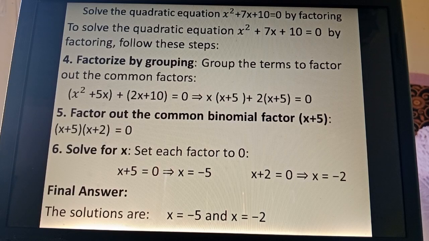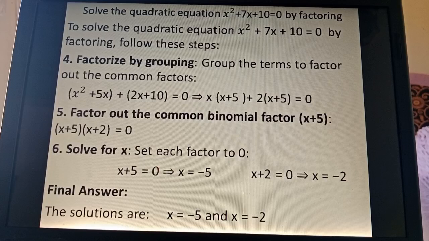You discover that you get a common factor after factorizing, and this common factor now, you factorize it further so that you have x plus 5, then you are left with x plus 2 is equal to 0. So what we have done is we have factored out the common binomial factor, x plus 5.